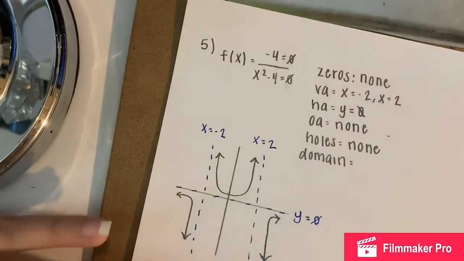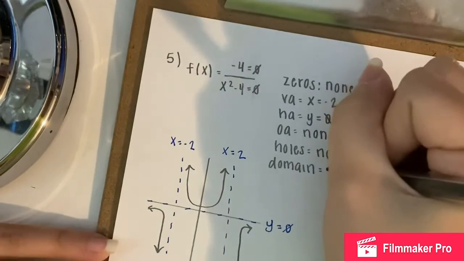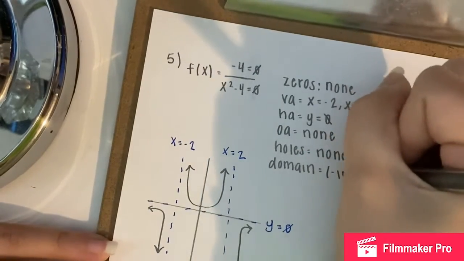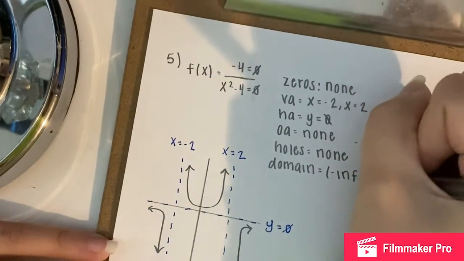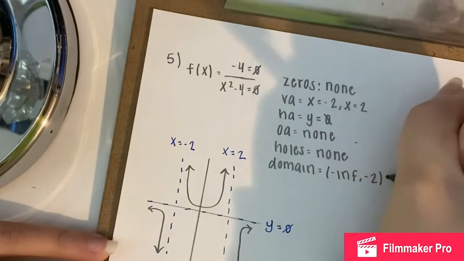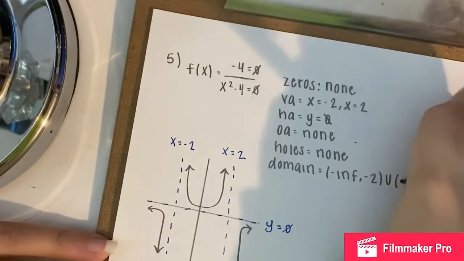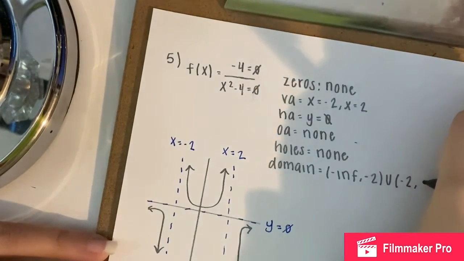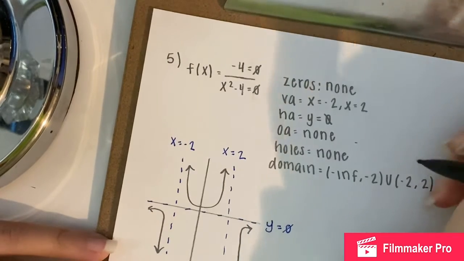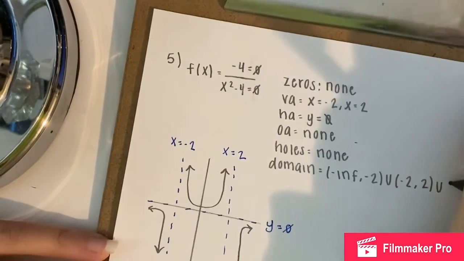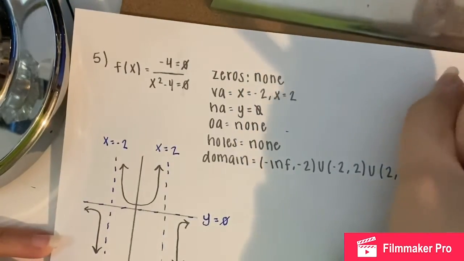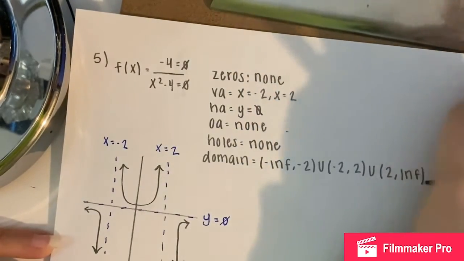So now let's just find the domain, and we can see that the domain goes from -infinity to -2, and then picks back up again at -2, which is an asymptote, to 2, and then picks back up again at 2 to infinity.